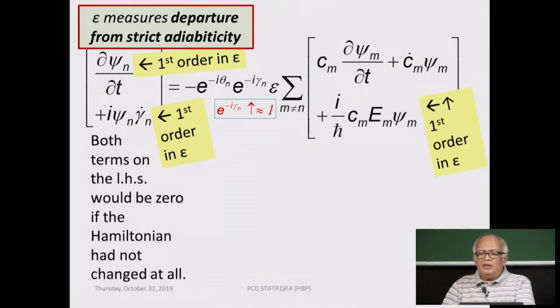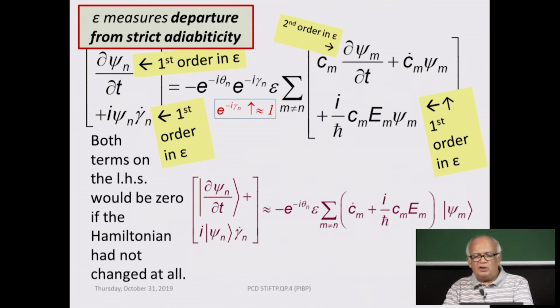So are the last two terms inside that rectangular bracket, but then the remaining term is of second order, because it is not only coming from psi m, but a variation in m. So, psi m itself is coming because there is a departure from adiabaticity. Okay. So, you have a second order term and you can neglect it. So, having neglected the second order term, the equation now becomes smaller.